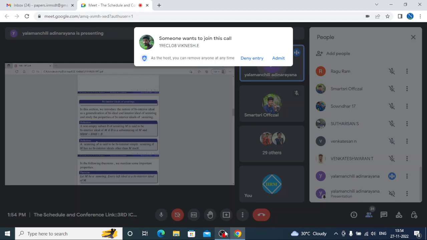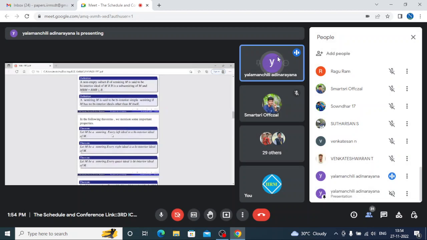And another definition: a semi-ring M is said to be a bi-interior simple semi-ring if M has no bi-interior ideal other than M itself. Based on these two definitions, we prove some 10 to 15 theorems, sir.